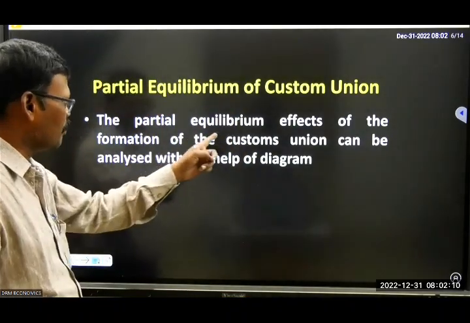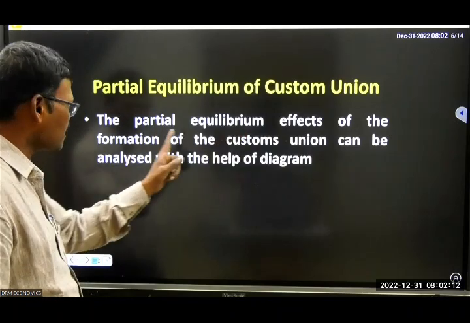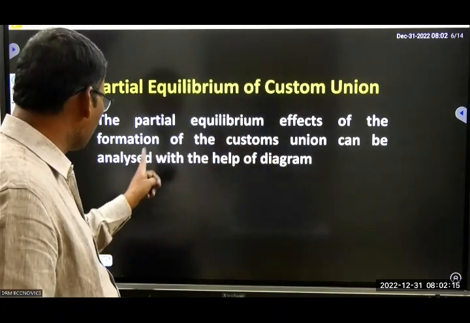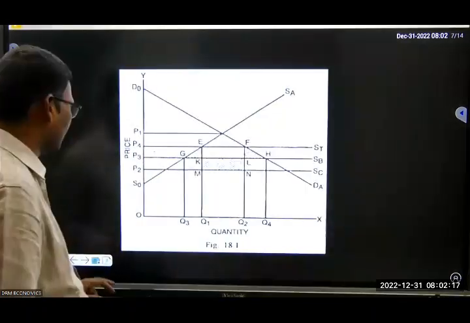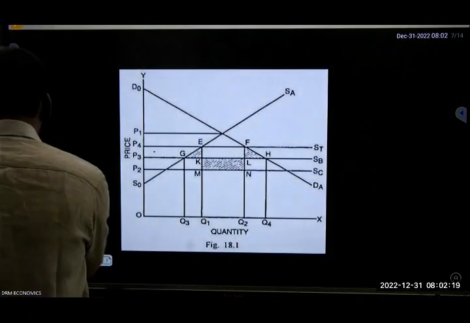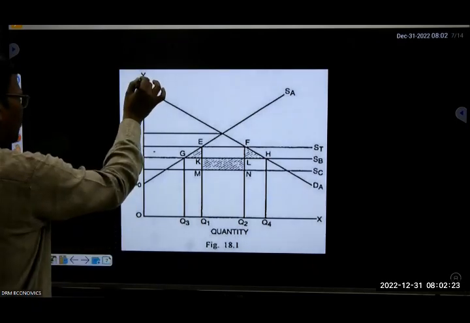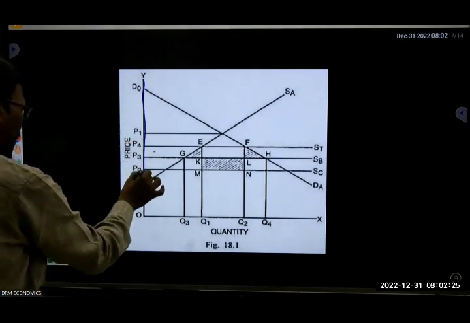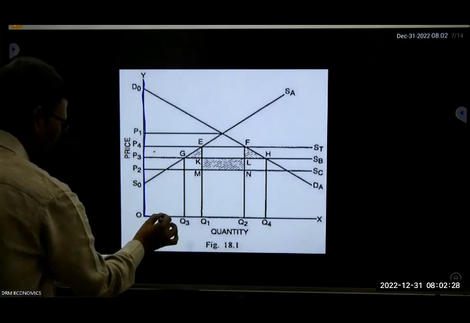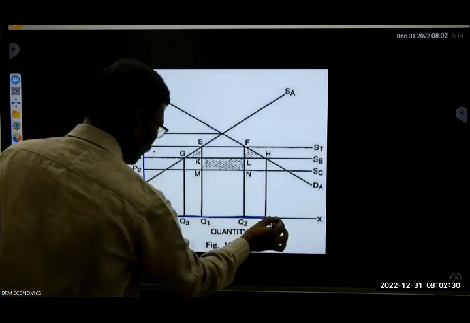The partial equilibrium effects of the formation of the customs union can be analyzed with the help of the following diagram. Here this is the OY axis, and this is the OX axis.